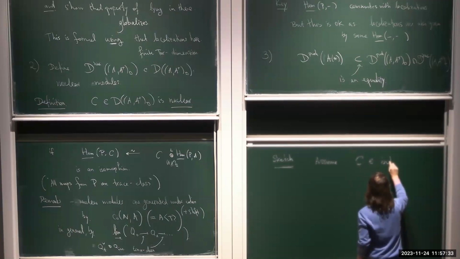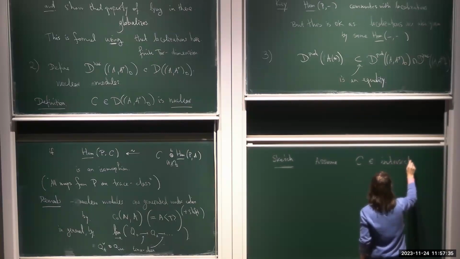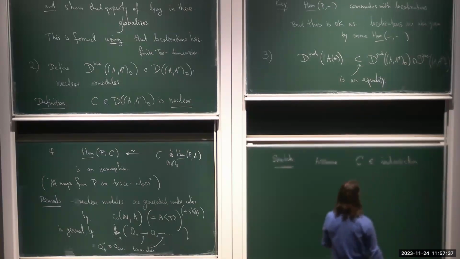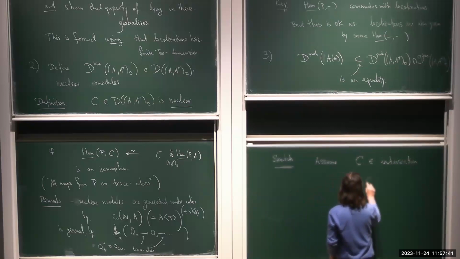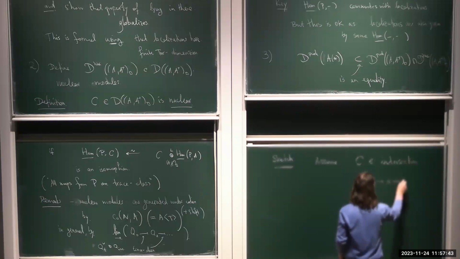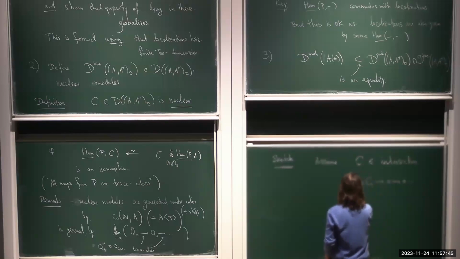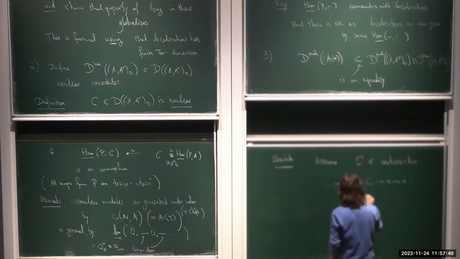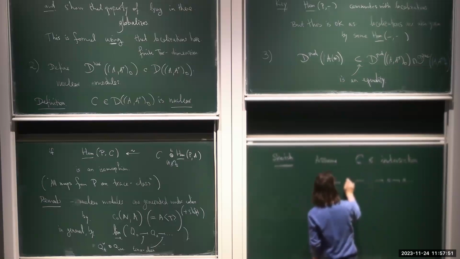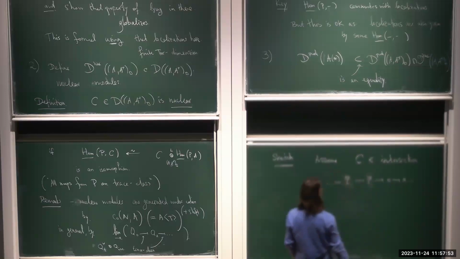So C is in this intersection. And so we can assume we have some complex, and by shifting, we can assume it starts at 0. And I also said we can assume that these are all just P. Okay.